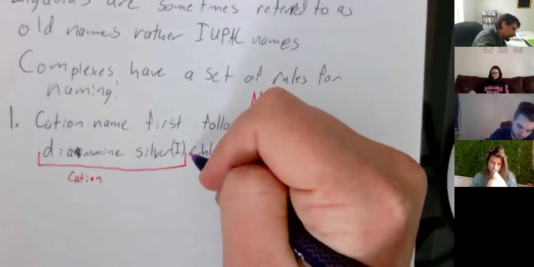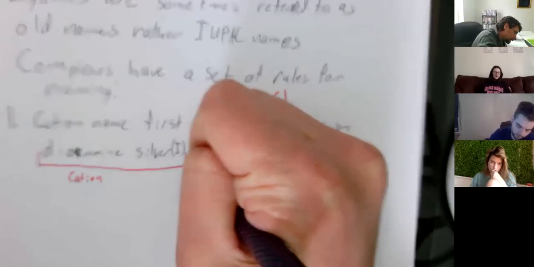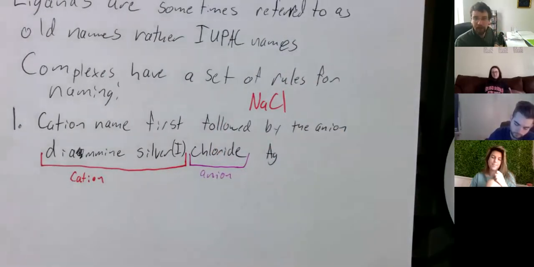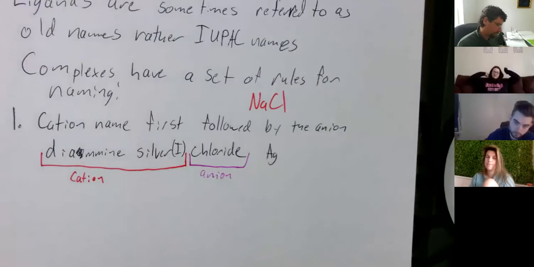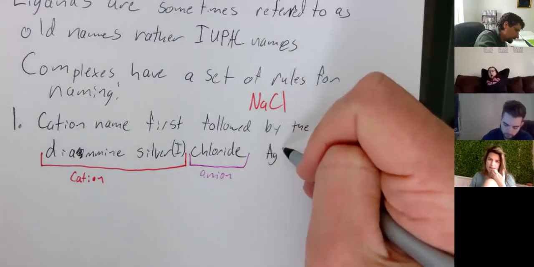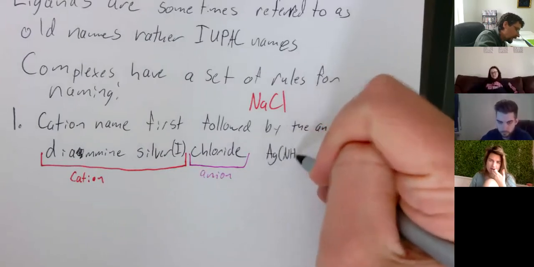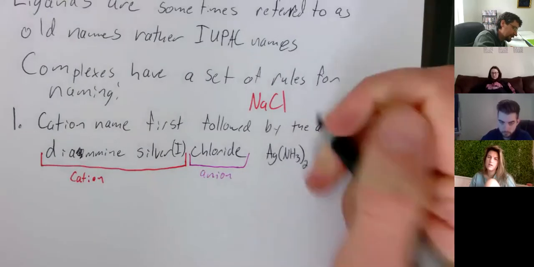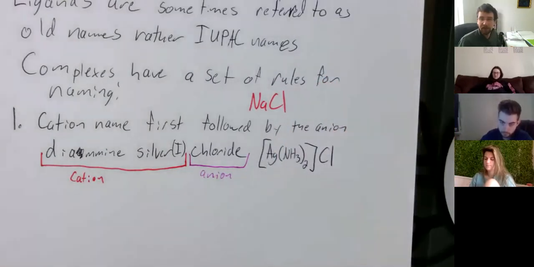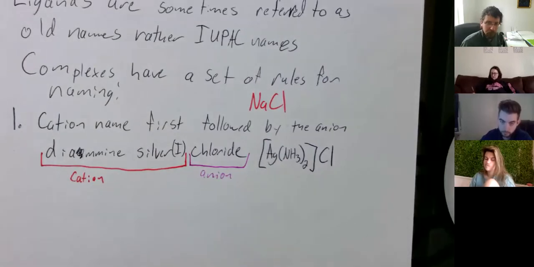What about this part then? Anion. Yep. Okay, so now tell me the formula. Ag with 2 lone pairs and then chloride attached. Yep, I think you meant amine by lone pairs. Yeah, like that. So that's the formula.